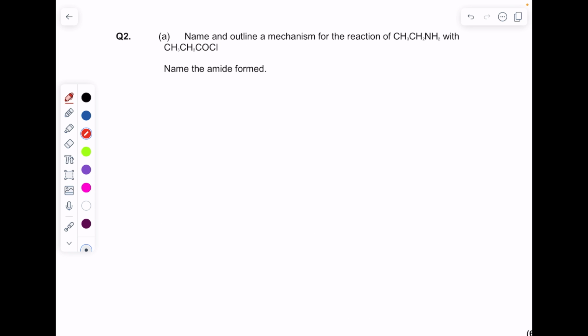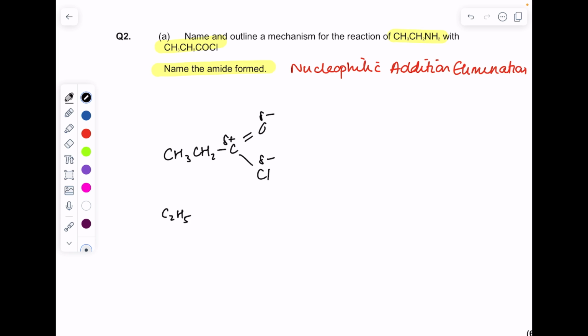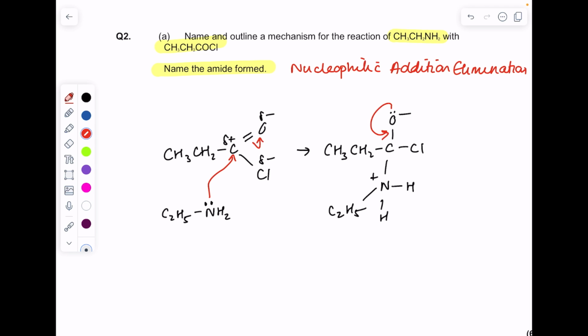Name and outline a mechanism for the reaction of this with another acyl chloride, and name the amide formed. Nucleophilic addition-elimination. Here's our nucleophile, breaking that double bond. Double bond forms there. Chlorine is our leaving group.